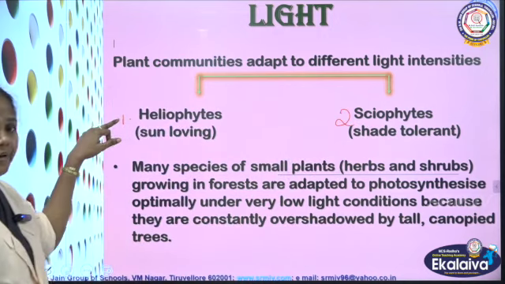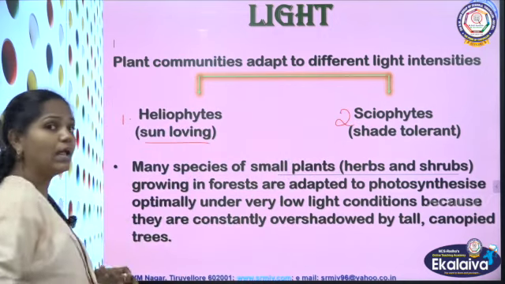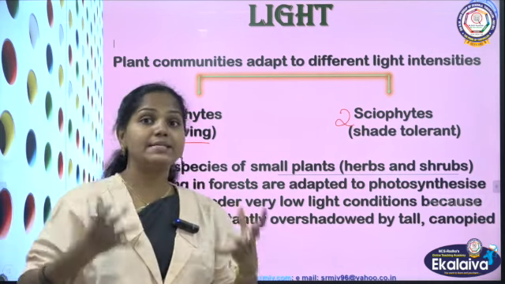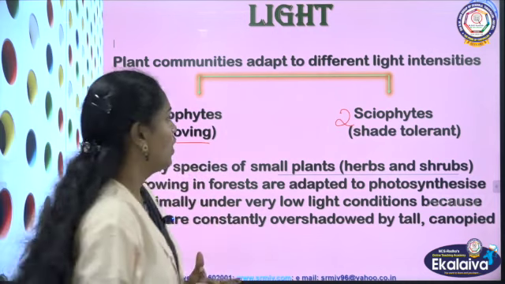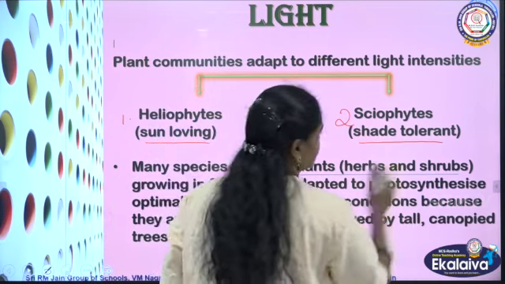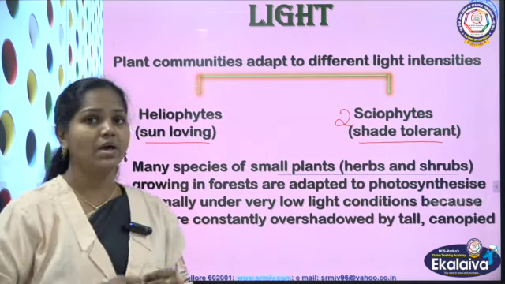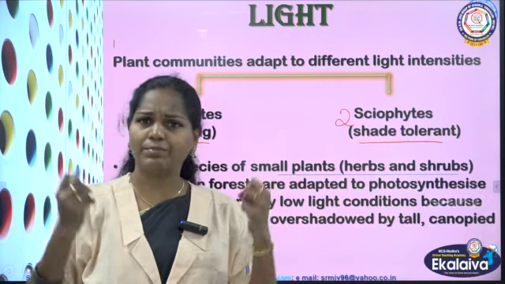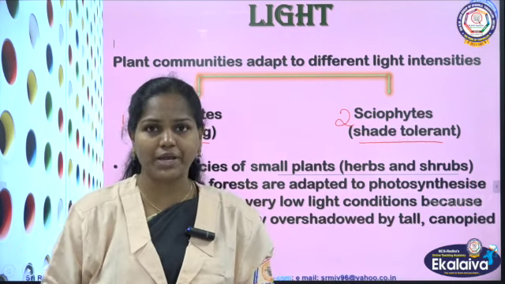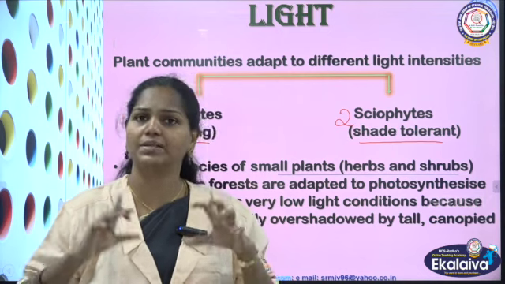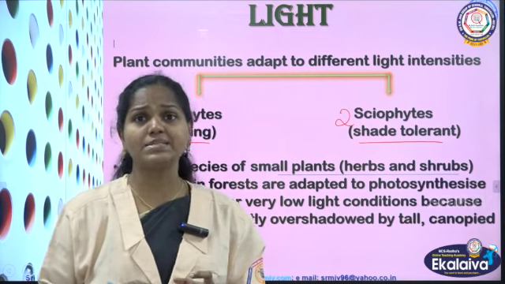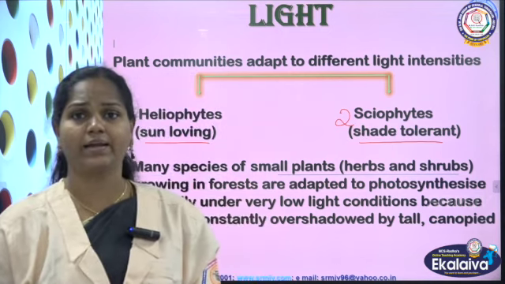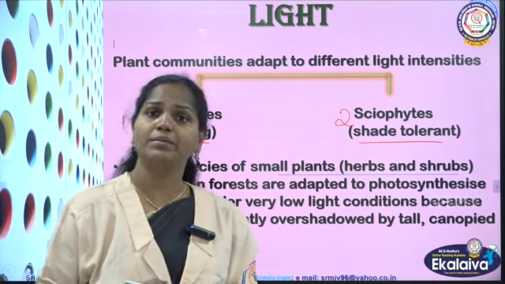What are heliophytes? They are sun loving, they need high intensity of sunlight. Whereas sciophyte plants are shade tolerant. There will be large canopies in forests, and the plants under that shade get whatever intensity of sunlight reaches them, and with that they carry out all their mechanisms.